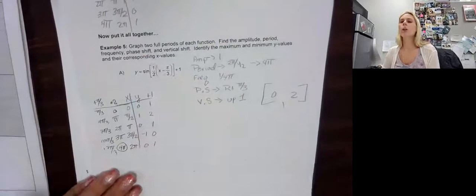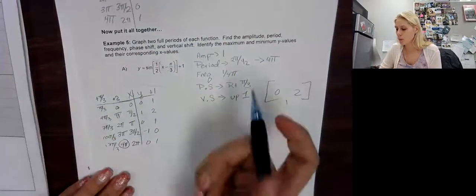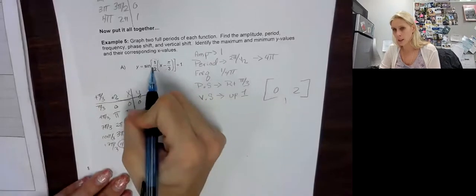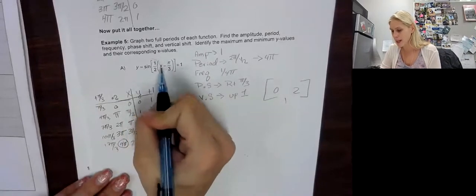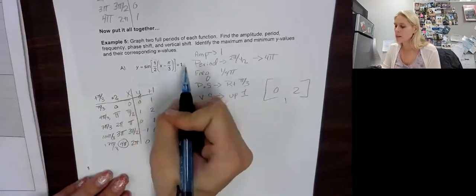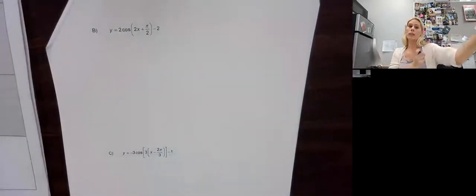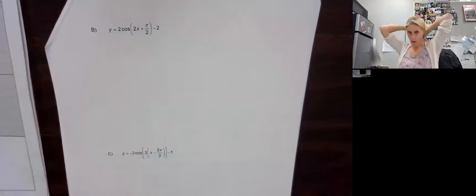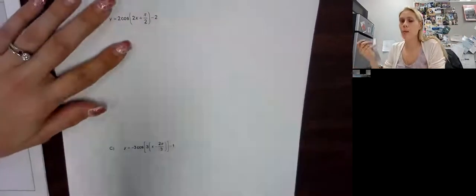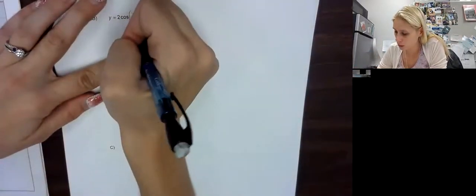Okay, let's see if we can find a couple tricks, because what I want you guys to notice here is this looks like the beginning of our notes where we have our A, B, parentheses, x plus or minus C, and then plus or minus D at the end, right? Because if you look at example B, and this is very important, what's wrong with this problem? We don't have those parentheses, so we actually have to factor this 2 out.